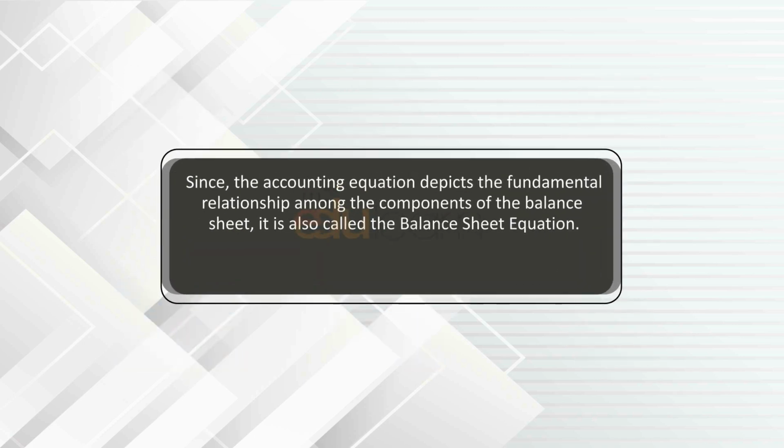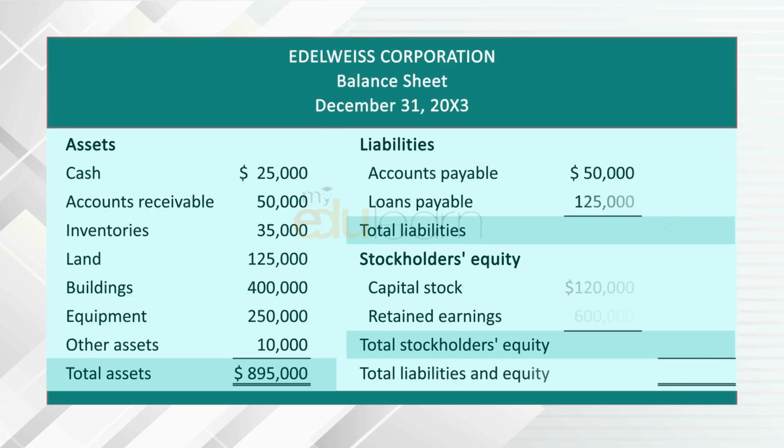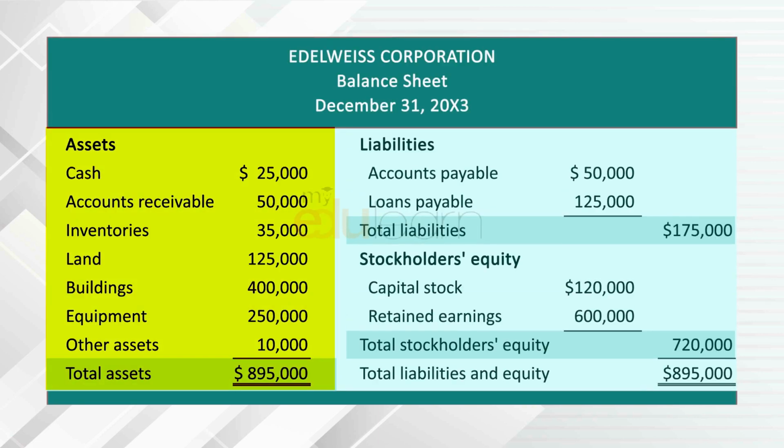Since the accounting equation depicts the fundamental relationship among the components of the balance sheet, it is also called the balance sheet equation. As the name suggests, the balance sheet is a statement of assets, liabilities, and capital. The asset side of the balance sheet is the list of assets which the business entity owns.